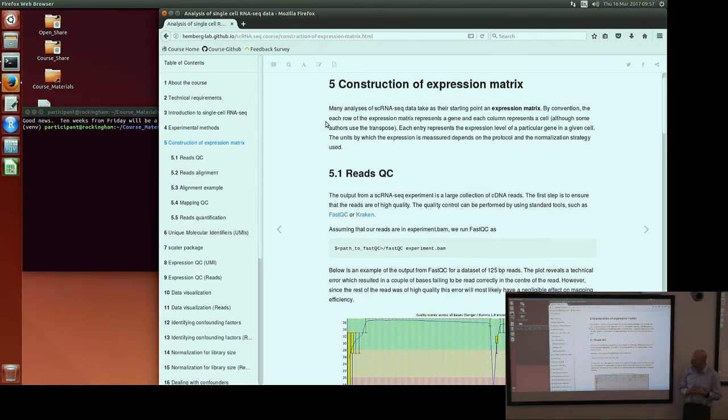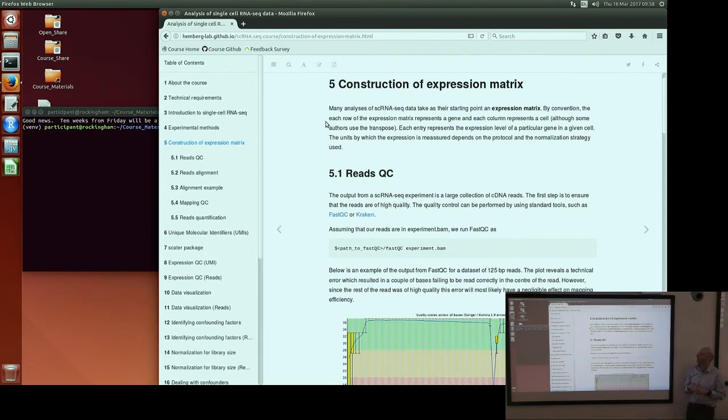Depending on whether you have a large number of cells or a small number of cells, the matrix can be almost square, or long and skinny, or have a very large number of columns compared to the number of rows. So you can't really make any assumptions about the overall shape of the matrix a priori.